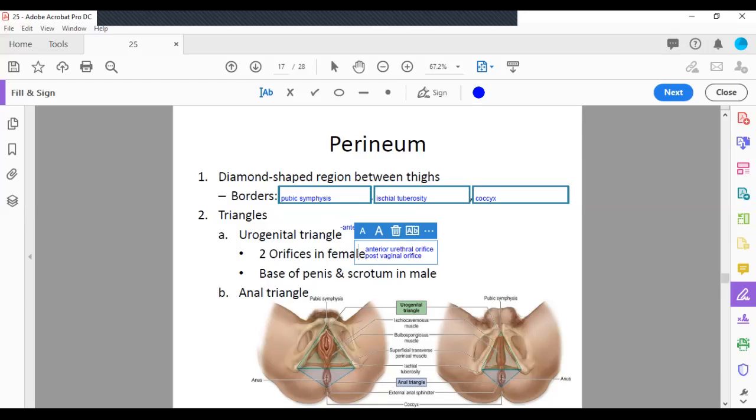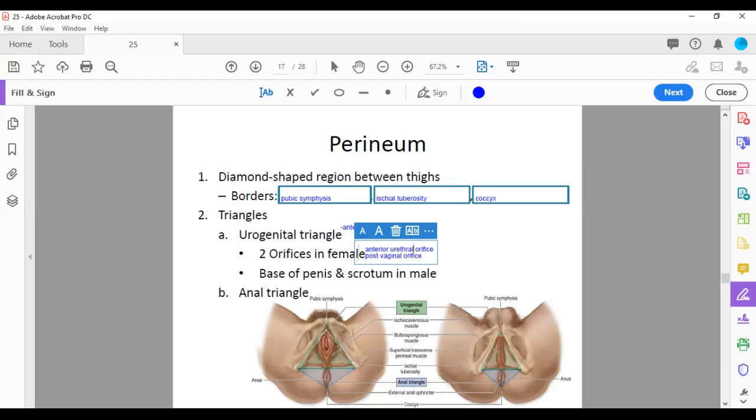In the male, you have the base of the penis and the scrotum in the urogenital triangle. In the female, one is called the urethral orifice, and the back is known as the vaginal orifice.